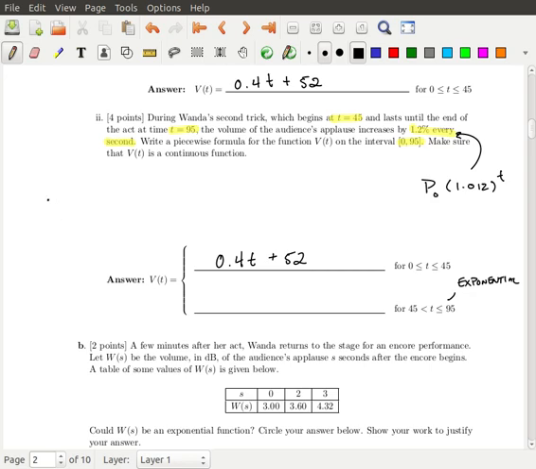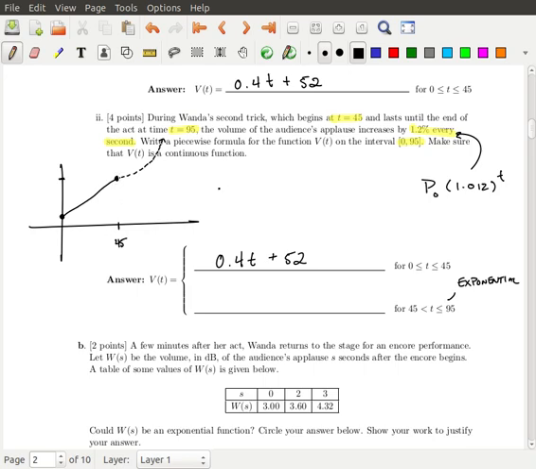I want to try to do it in a way that makes it clear that there's a little subtlety to this problem. So, okay, we know that initially the volume is 52. It increases linearly by 0.4 decibels per second up until 45. So the first thing I want to know is, what is this height, right? Because then it's going to continue on exponentially. It's important to know what height we're at when t equals 45.